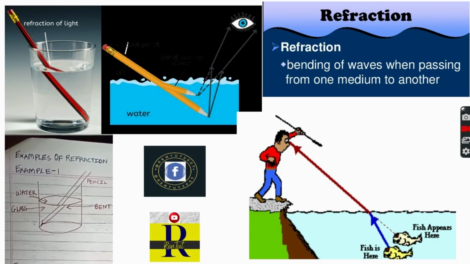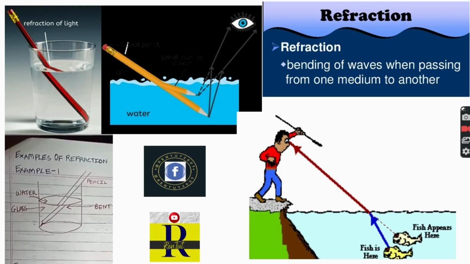So this is the first example of refraction, wherein you take a beaker and pour a glass of water. When you dip a pencil inside, it shows as bent. So there are two images formed in the water. One is the real image and the second is the virtual image.